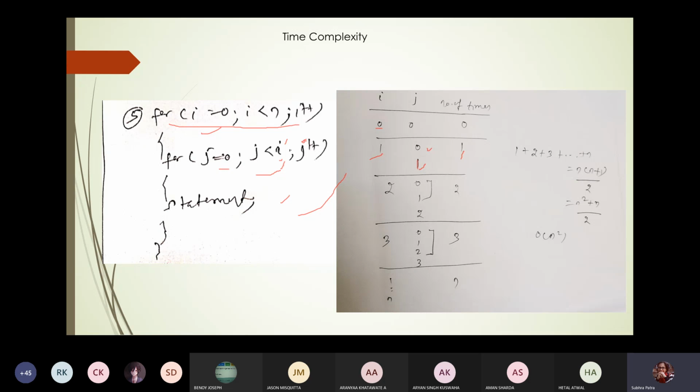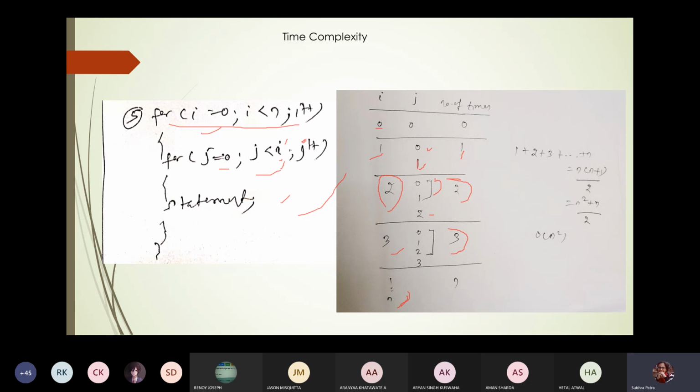So only one time. Similarly, for i equal to 2, it will be executed 2 times, then 3 times, and so on and so forth, till i reaches n, while j does not reach n.